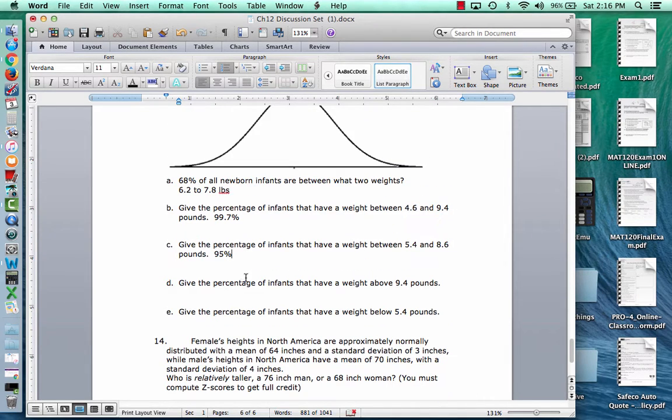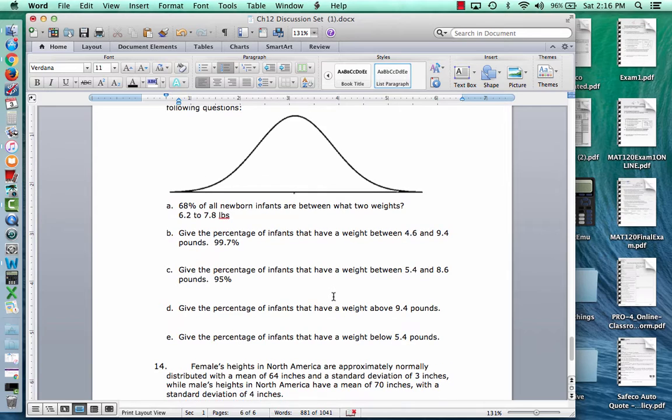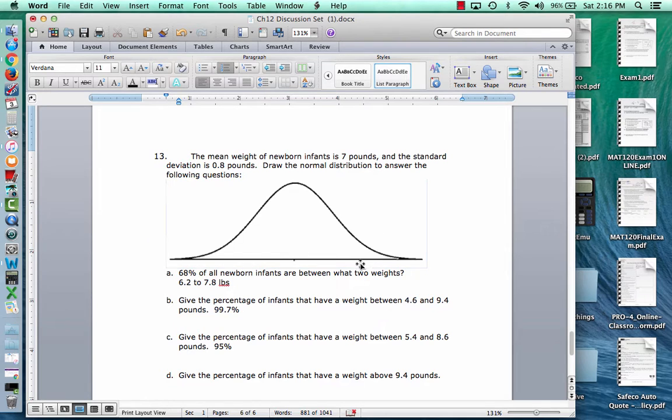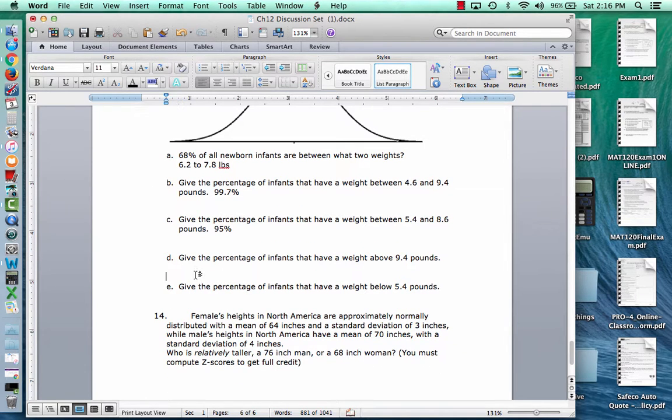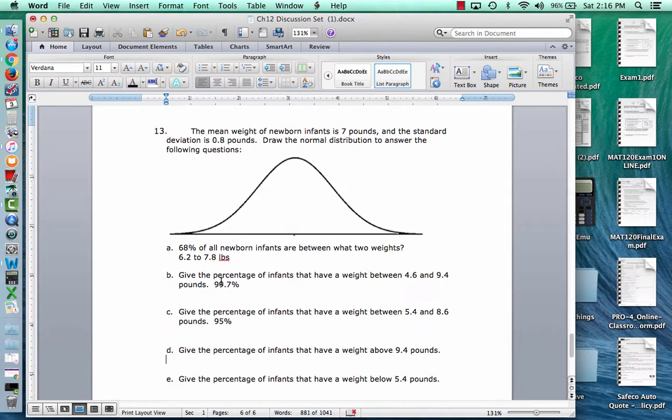Then D, it says give the percentage of infants that have a weight above 9.4 pounds. Well, 9.4 pounds is 3 standard deviations above the mean. We know that 99.7% is within 9.4 and 4.6, and we want the percentage above 9.4.